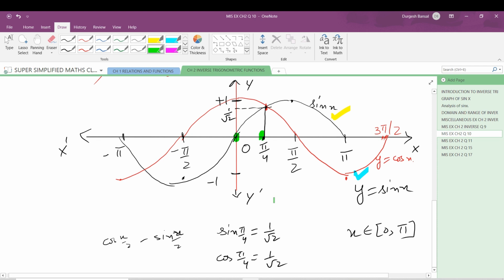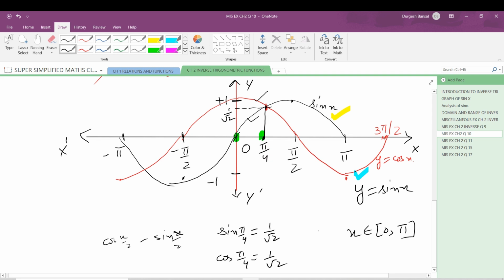Higher value means more height. The value of the function is measured by its height on the y-axis. So it is very clear that the height of the red graph is more than that of the black graph. That means the value of the cos function is more than the value of the sine function in the interval from 0 to pi by 4.